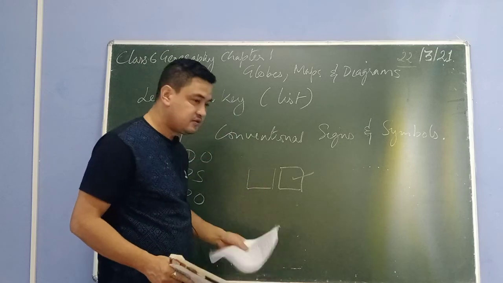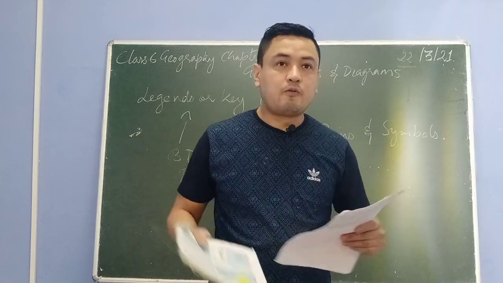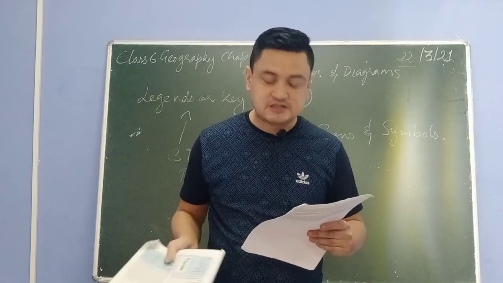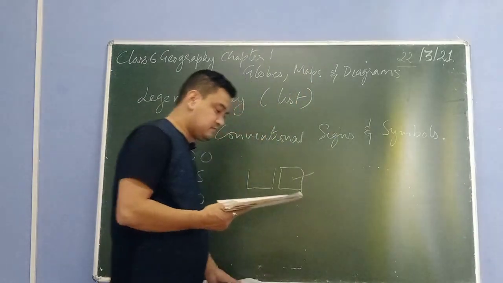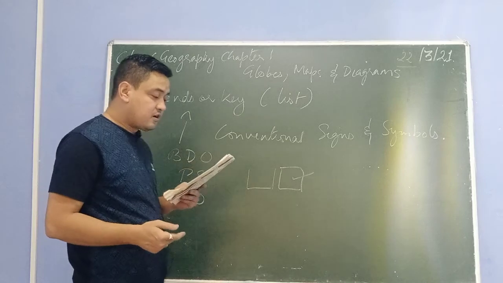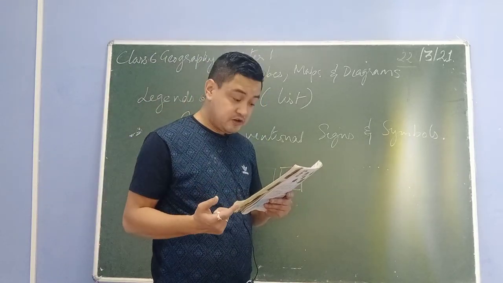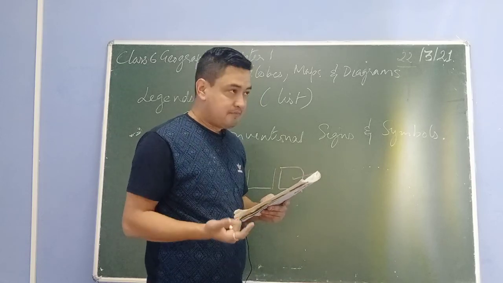So in a legend, these conventional signs are used. Like what kind of conventional signs are used? Lines, icons, alphabets, shading, and coloring are also used. Thus, a key or a legend is a collection of various signs and symbols, colors, and alphabetic abbreviations used in the map for representing natural and man-made features.